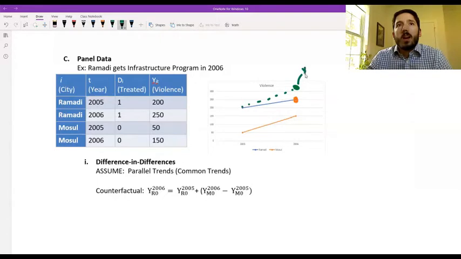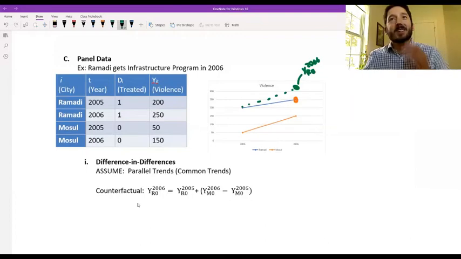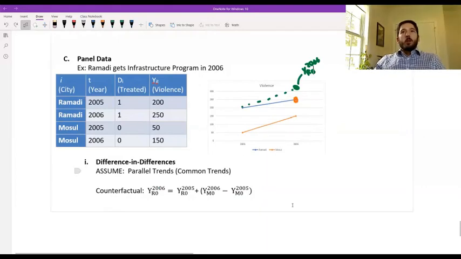Here's our Y R 0 2006. My iPad's not working, so gotta do it old school here. Okay. So that's the basic idea for difference in differences. This is the assumption we're making to build the counterfactual.